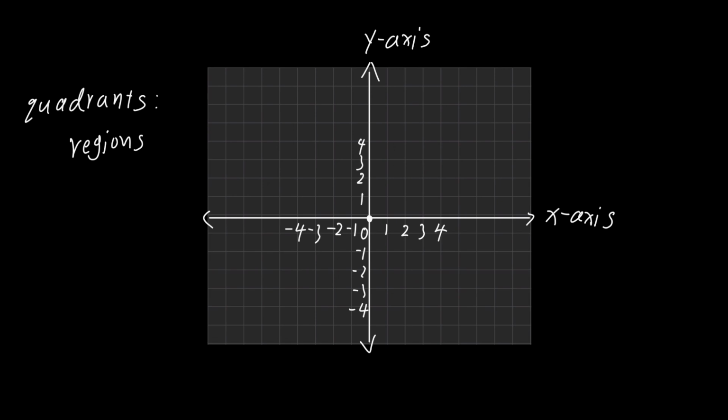And in each quadrant, let's say we have this first quadrant, and this is the second quadrant, this is the third one, this is the fourth one. So in each quadrant we have some points on it. Just imagine this coordinate system like a map, and we want to locate the specific point.